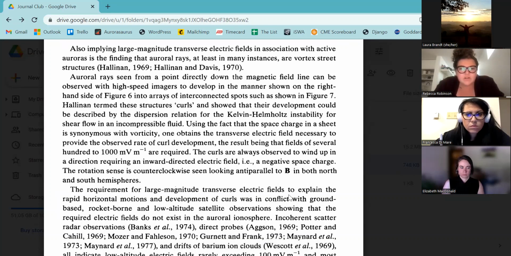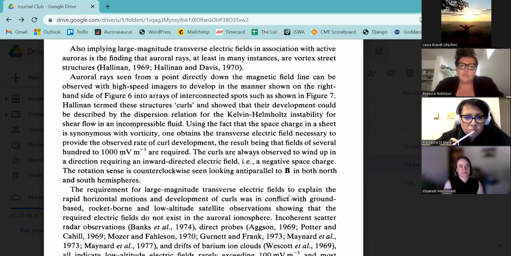Should I keep going under figure 5? Yeah. Okay. Also implying large magnitude transverse electric fields in association with active auroras is the finding that auroral rays, at least in many instances, are vortex street structures. Hallinan, 1969, Hallinan and Davis, 1970.